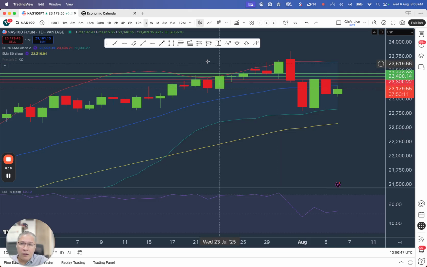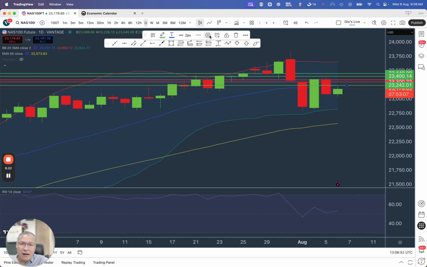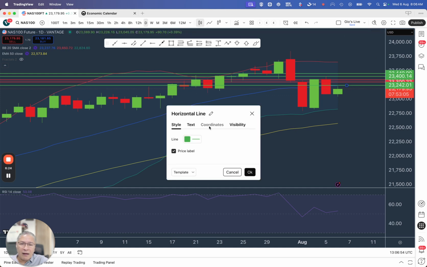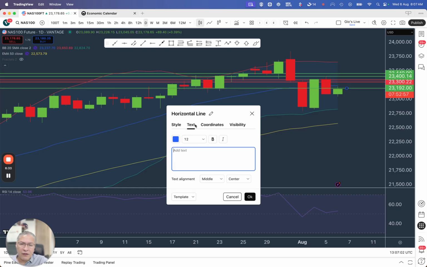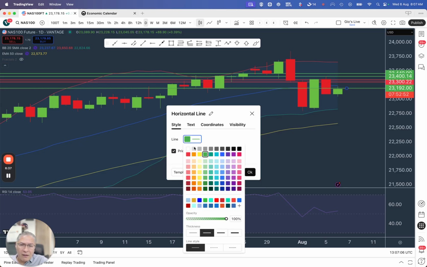So therefore, we can come in and select a trend line, and type in that value, 23,192. Let's give it another color so we can identify it amongst the other ones. Let's give it yellow.